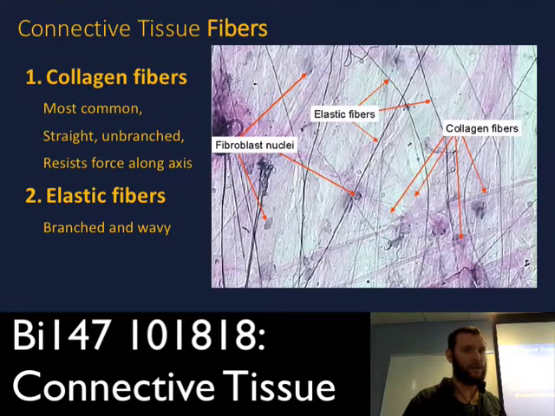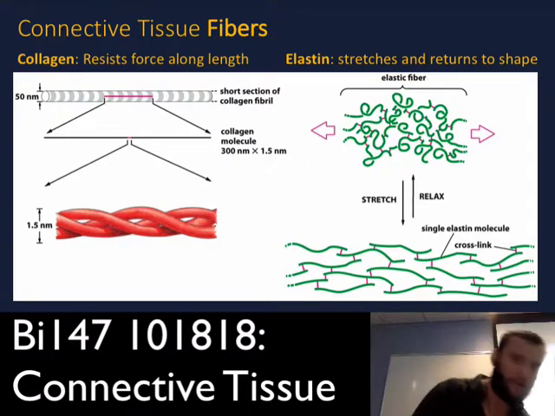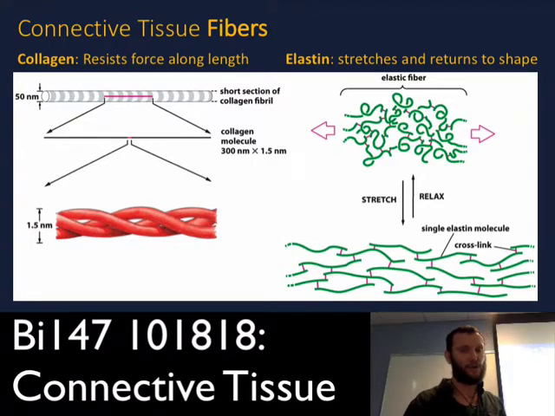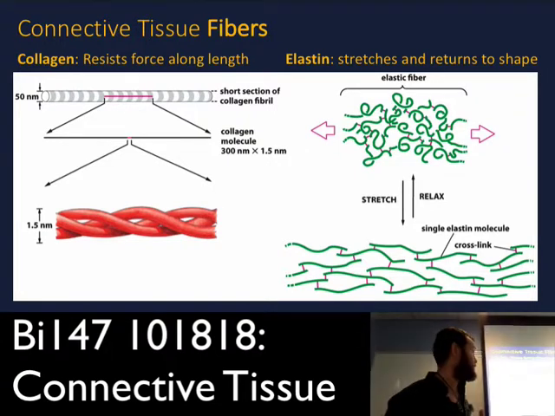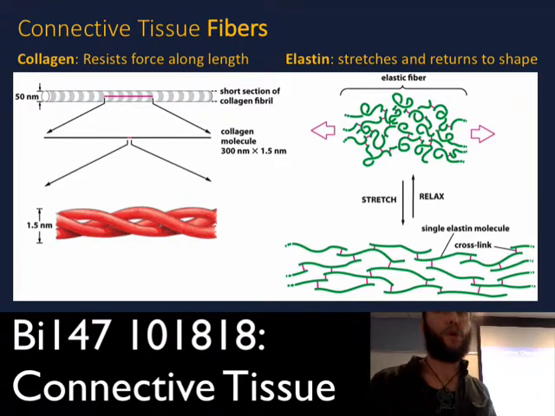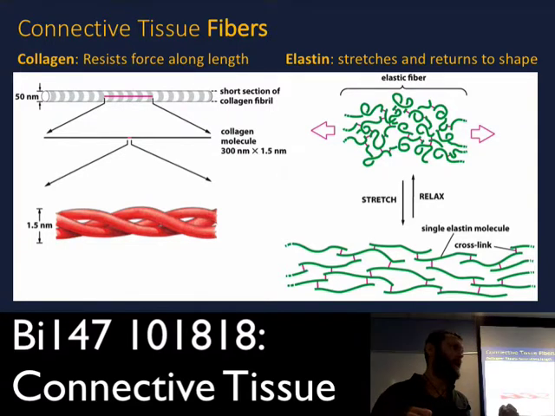These are the two characters that give the tissue various properties that we're interested in. Here's a cartoon of collagen resisting force along its length. A collagen fiber is really small. Zoom in on it, it's this triple braid, this twist of protein that acts kind of like a hawser cable, strong, stout.